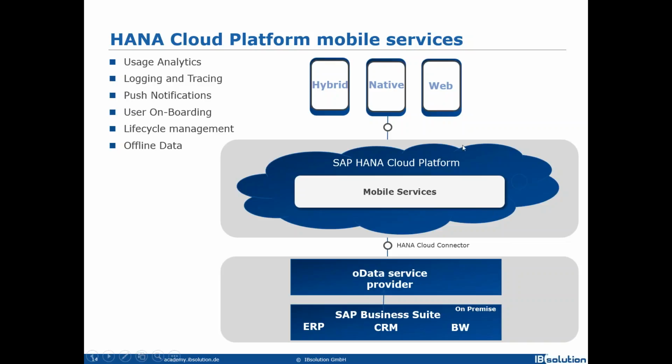What the HANA Cloud Platform Mobile Services gives you are some features. It gives you analytics. You are able to log and trace. You can do push notifications. You can do offline data. You can do lifecycle management within the application, and there is secure onboarding of the users. And currently, the HANA Cloud Platform Mobile Services supports hybrid, native, and web applications, and even Fiori applications.